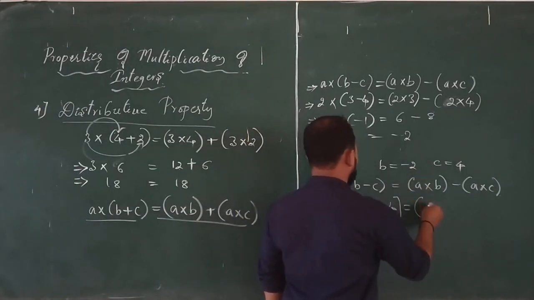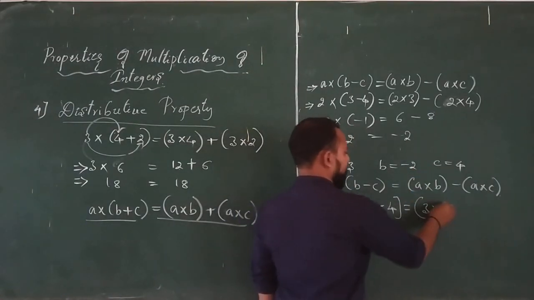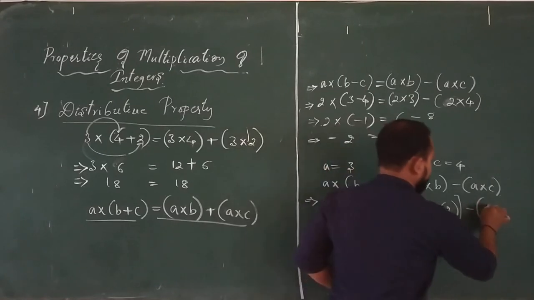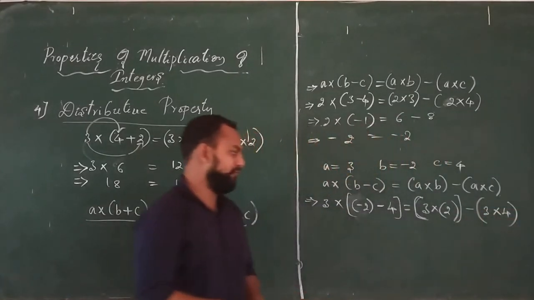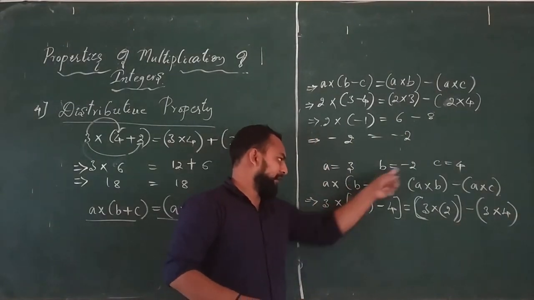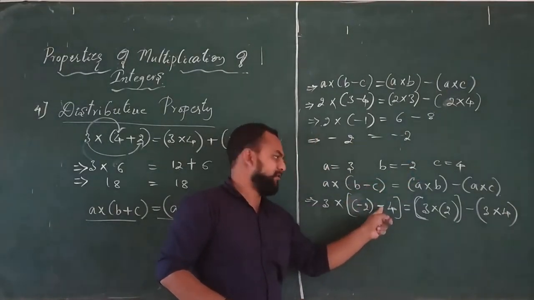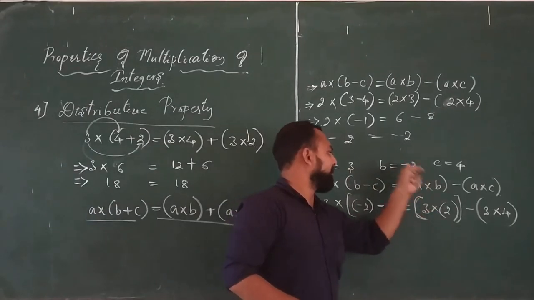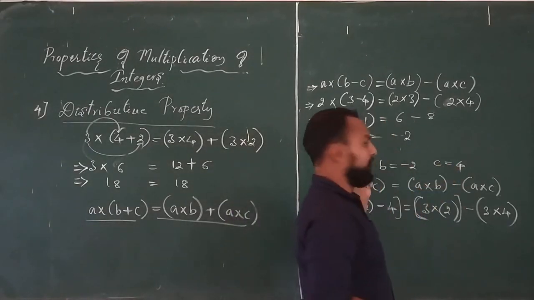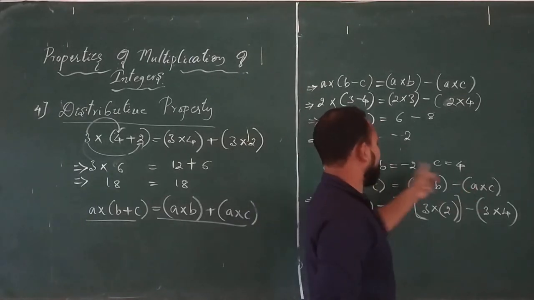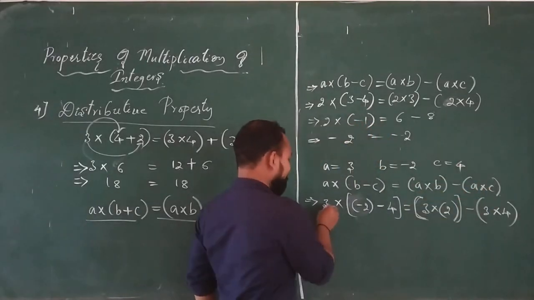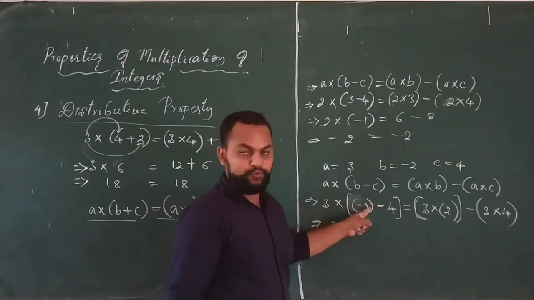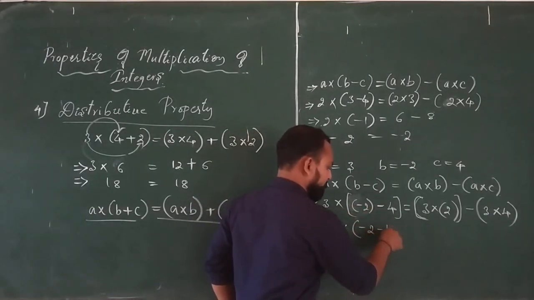So 3 into minus 2 minus 4 equals 3 into minus 2 minus 3 into 4.